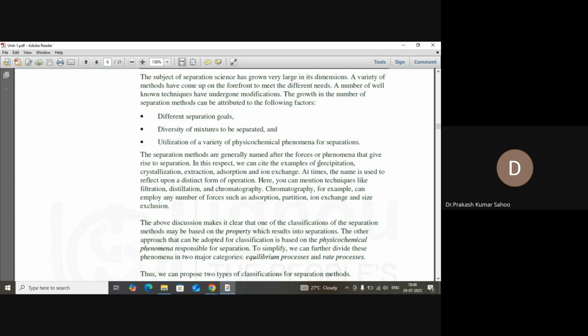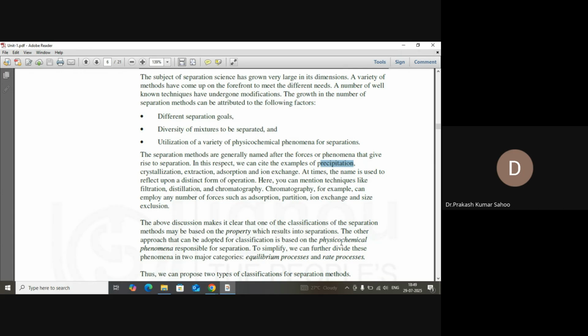For example, precipitation is a separation technique where, when silver nitrate is added to hydrochloric acid, it will give silver chloride. Silver chloride is separated as a white precipitate.